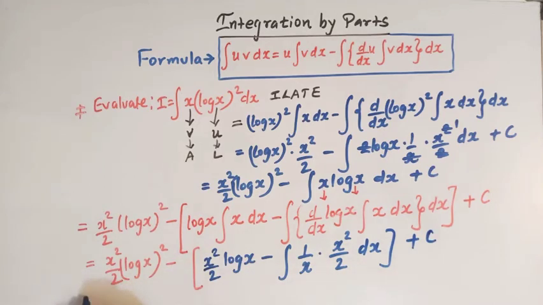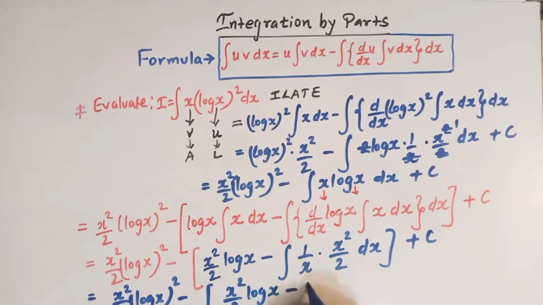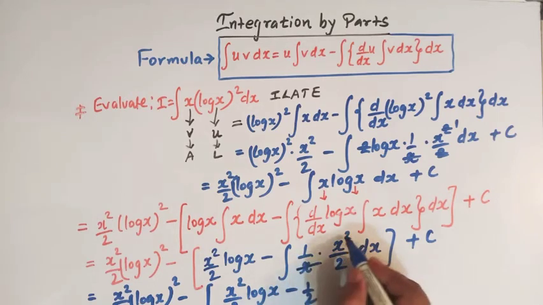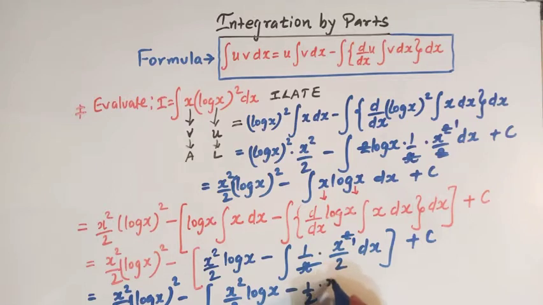Now this can be written as x square by 2 log x whole square minus x square by 2 log x, and minus, here we have half, and here we have x raised to power 1, and the integral of x is again x square by 2, right?